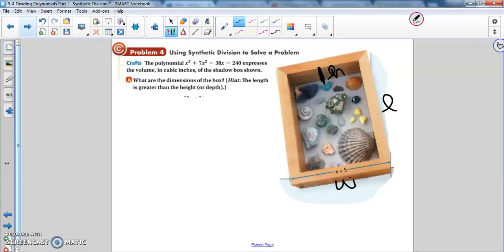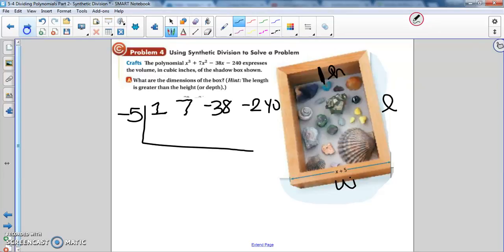So in order to express volume, we would do L times W times H. But since we have the volume, we need to divide by our width to then find our height and our length. So we're going to use synthetic division. I'm putting -5 on my outside, and my polynomial is in standard form: 1, 7, -38, -240.